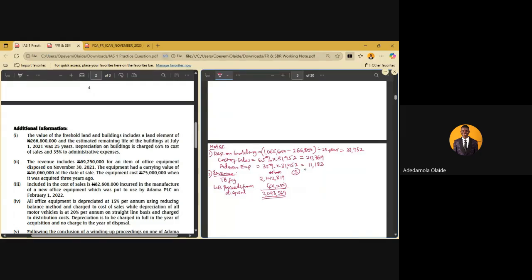So we have to calculate the gain or loss on disposal in line with IAS 16.